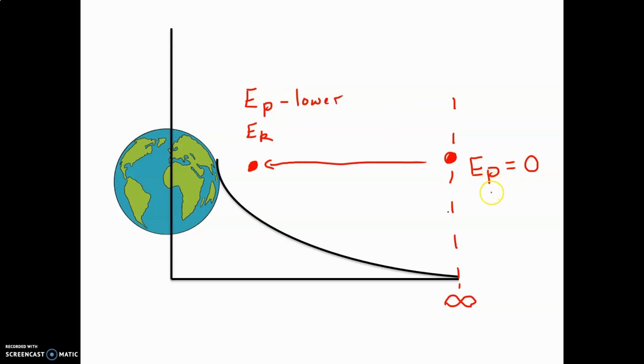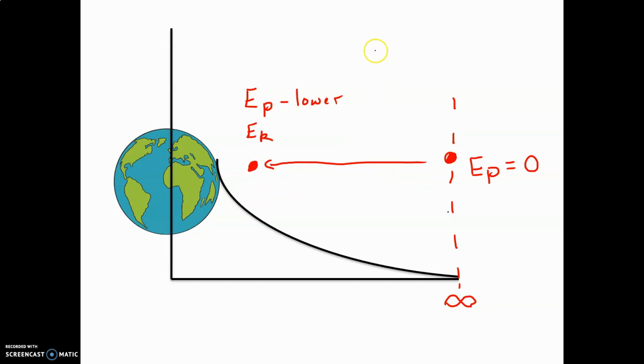So how can we mathematically deal with that? The fact that we've got a value of gravitational potential energy as being 0 at infinity and lower as this object gets near the surface of the Earth. The only way that you can deal with that is that we have to say that the gravitational potential energy is becoming more and more negative.